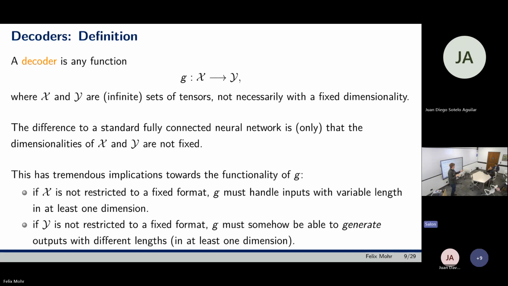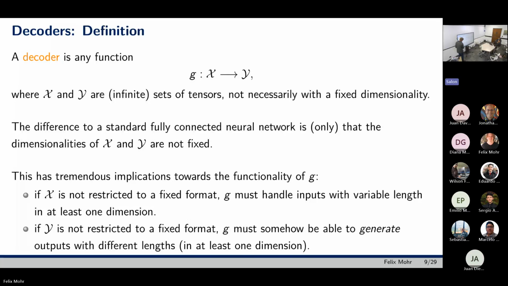So here are two different requirements: process variable length inputs, and generate variable length outputs. A decoder is any function that is able to do that.